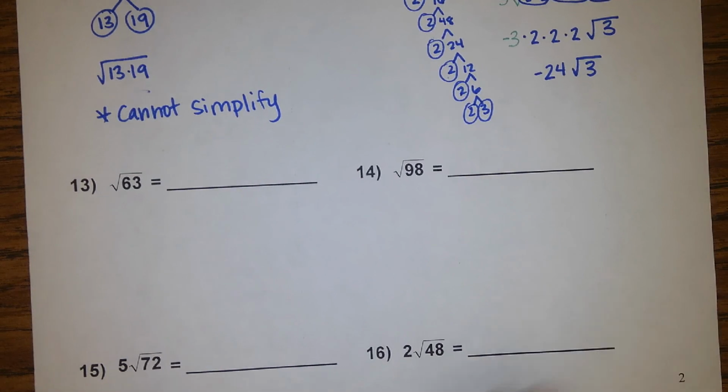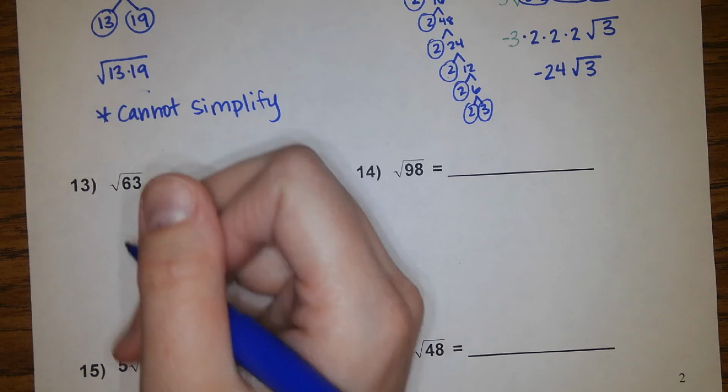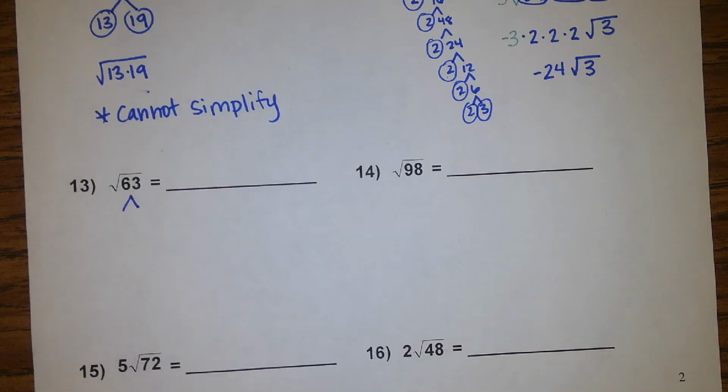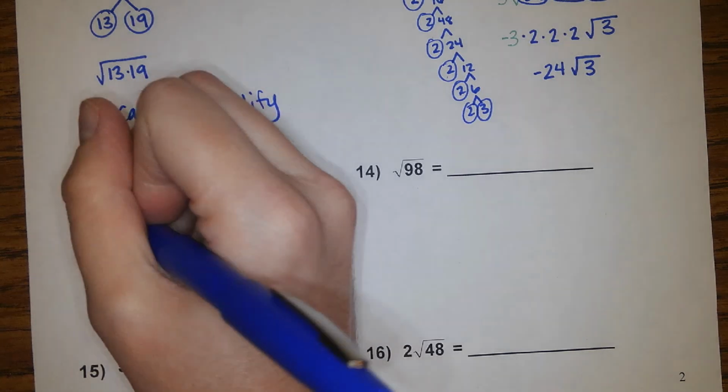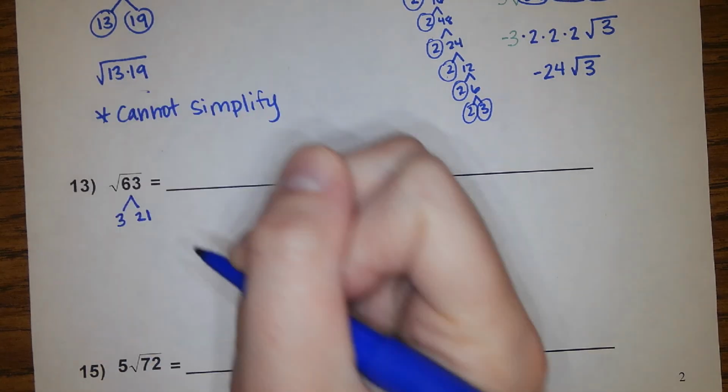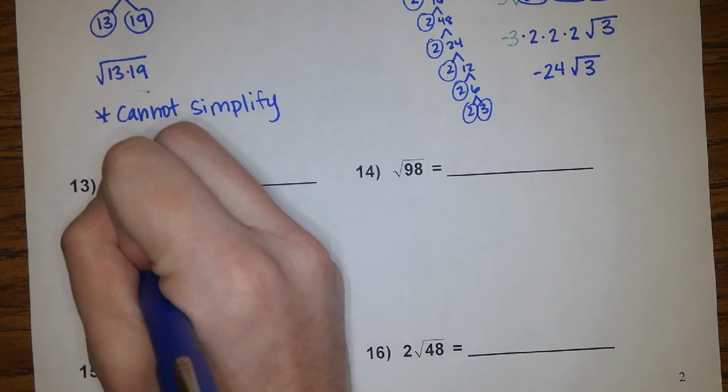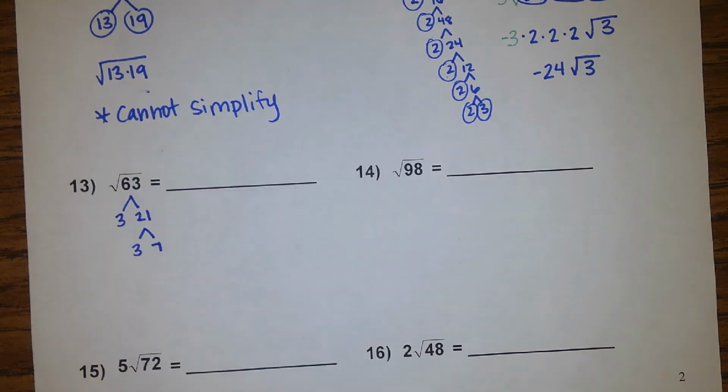So let's look at 63. So 2 factors of 63, if we think about it. 63 divided by 3 is what? 21. So we have 3 and 21, and then 3 and 7. All right.